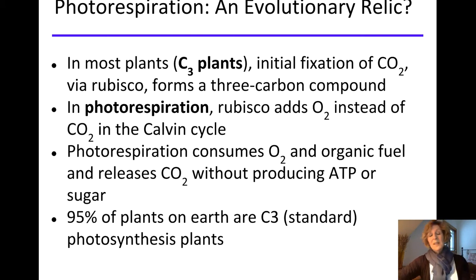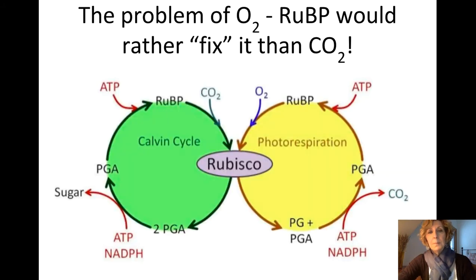And that is a wasteful process. You don't get any sugar out of it. And so photorespiration consumes oxygen and it wastes the resources of the plant, and it doesn't produce any ATP and it doesn't produce any sugar. So photorespiration is a bad problem.